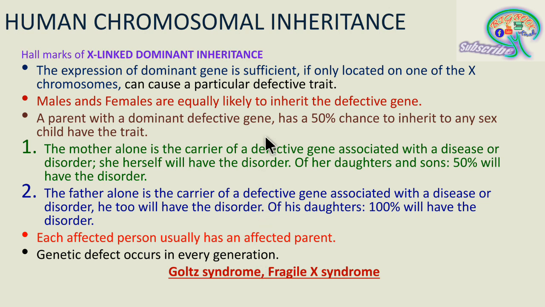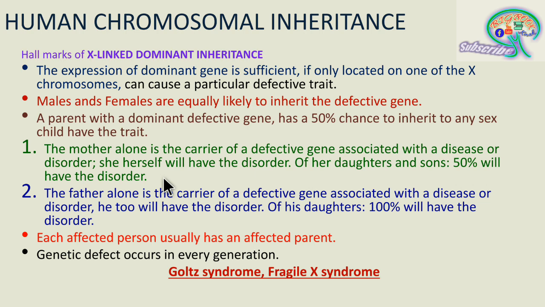Now, except for all those autosomal dominant inheritance pattern hallmarks, two different points have been given here. The mother alone is the carrier of a defective gene associated with a disease or disorder. She herself will have the disorder, and of her daughters and sons, 50% will have the disorder.